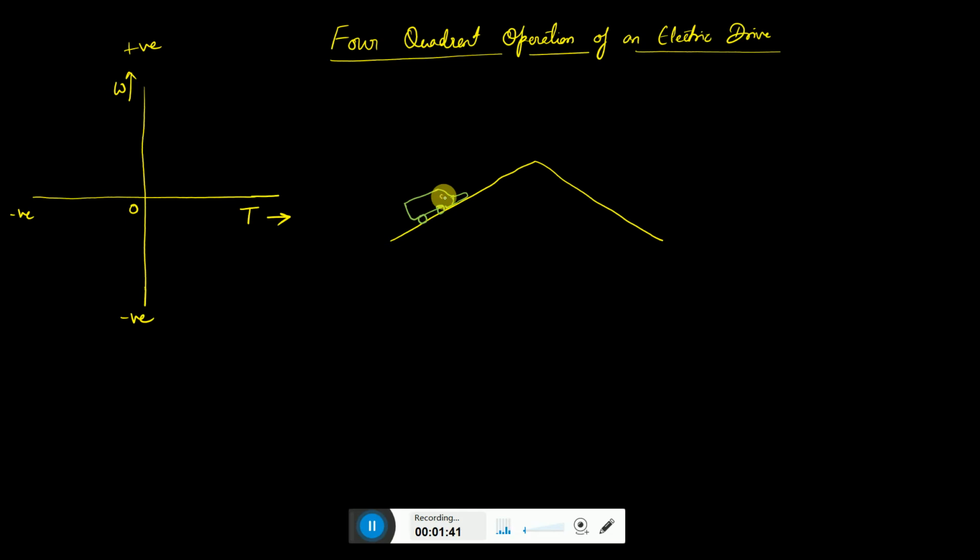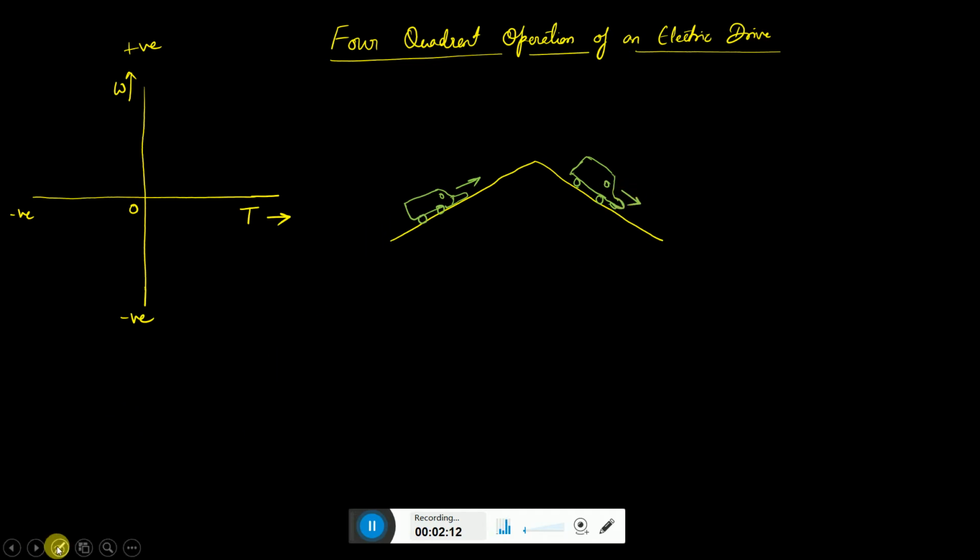Now we need to drive it in the forward direction, and then there is a downhill where we need to drive it in the downward direction. Again in the forward direction, but the thing is that this is a downhill. So that's the difference here. So here is the downward direction.